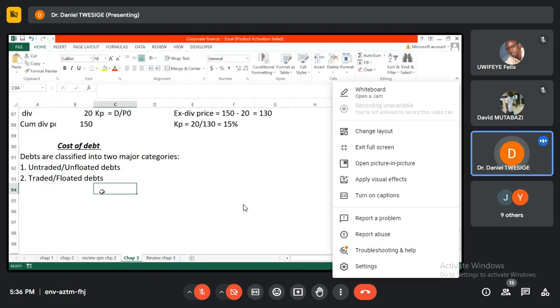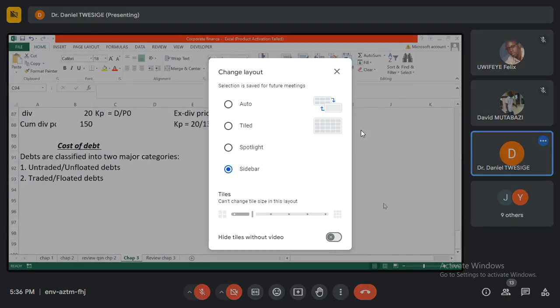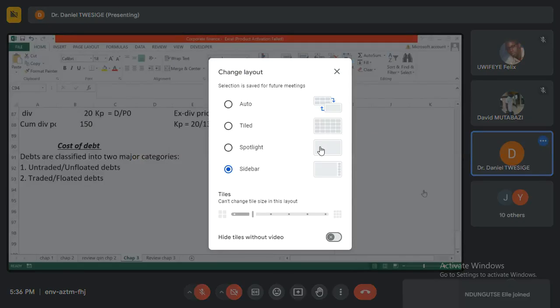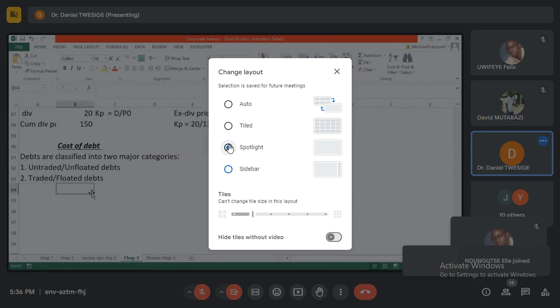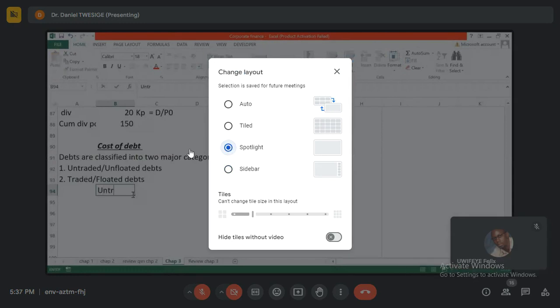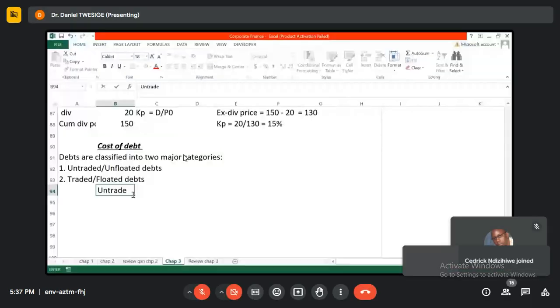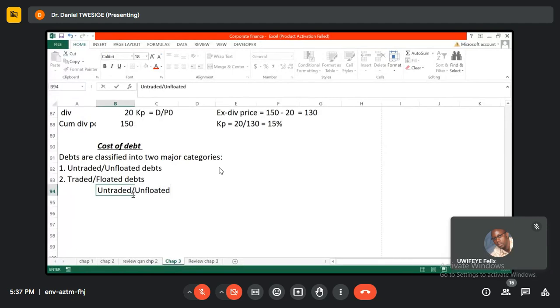From here, you can have different types of debts. So if you come to the first one, untraded, or sometimes we call it unfloated debts. Now, what do we mean by these types of debts?